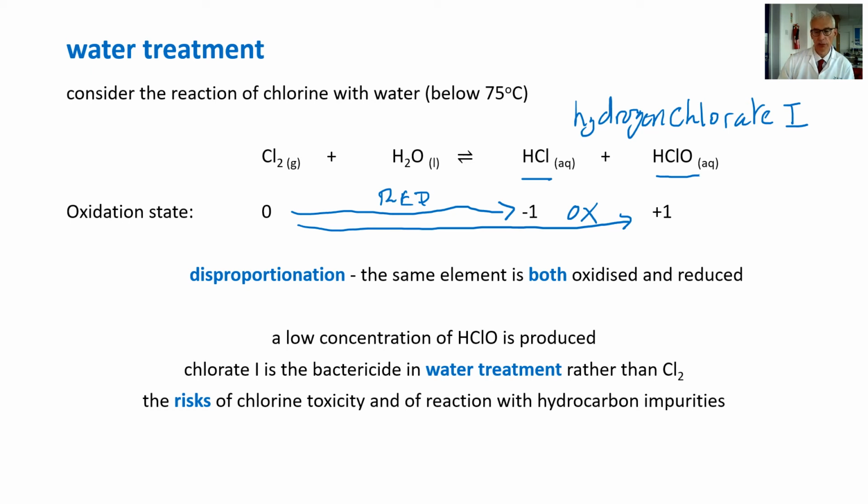So there are some risks associated with using chlorine in water treatment, but this is where you are expected to weigh up risks versus benefits, and to the general health of the public, the benefits of the bactericide action of hydrogen chlorate(I) far outweigh the possible risks of chlorine toxicity and any chlorinated hydrocarbon products.